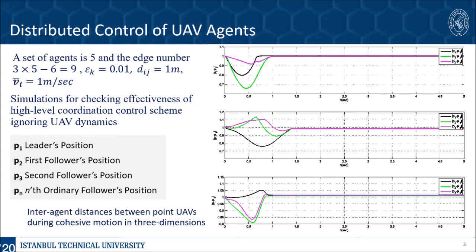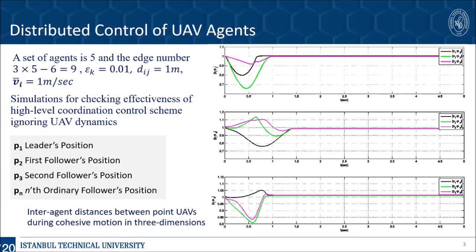I run the simulation for checking effectiveness of the high-level coordination control scheme, ignoring UAV dynamics. P1 is indicating leader's position, P2 first follower's position, P3 second follower's position, Pn an ordinary follower's position.